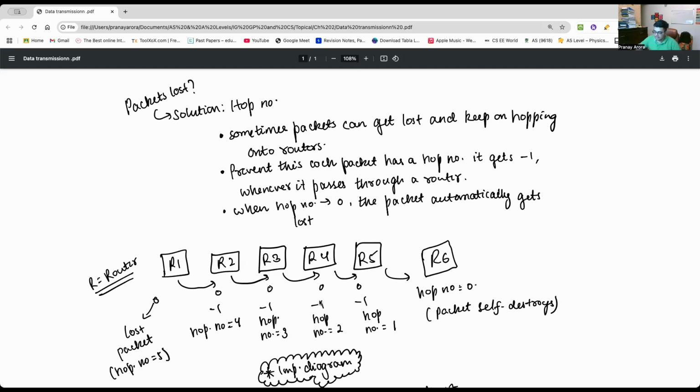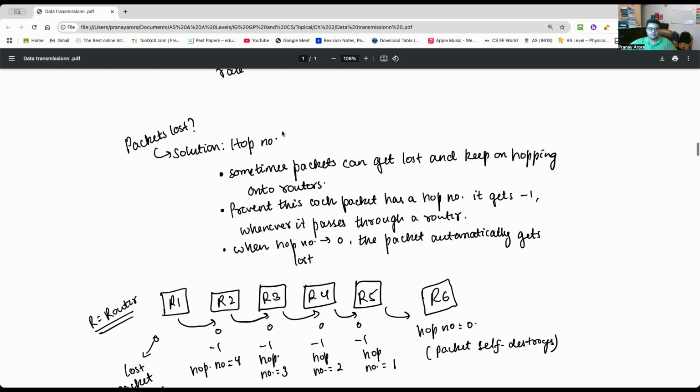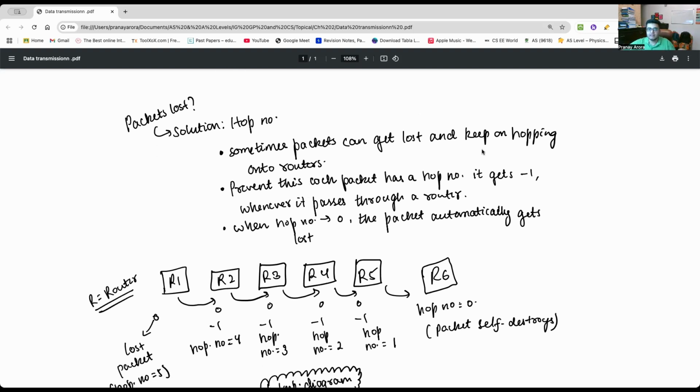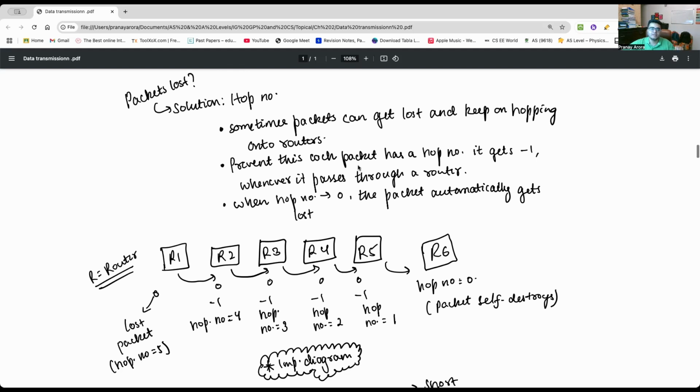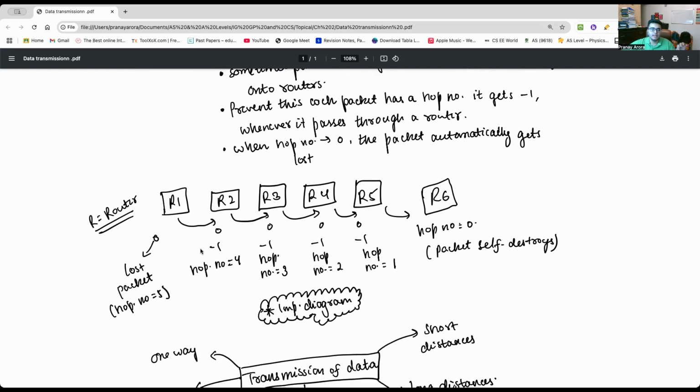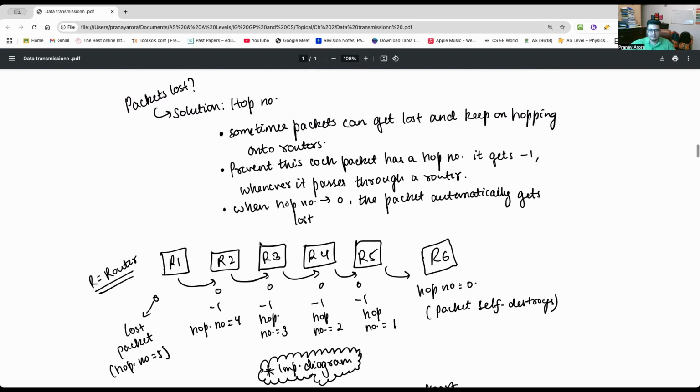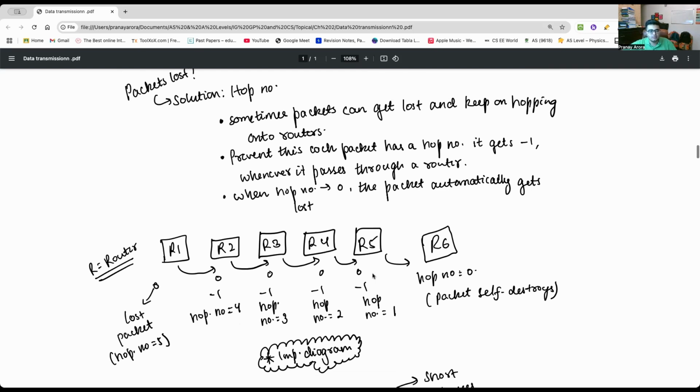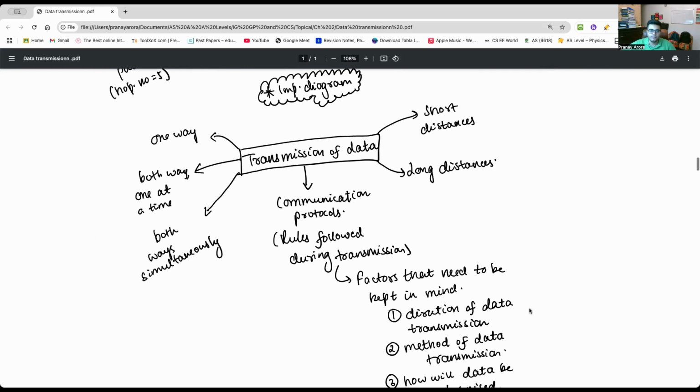Now, as you can see in this module, these are the routers, right? This is what we discussed in hop number. Sometimes packets get lost and they can keep hopping on routers. So to prevent this, we create a hop number. As soon as the packet reaches a router, its hop number is subtracted, right? Suppose it only had to travel through 5 routers, and it travels more. Its hop number will get to 0 at the end, and then the packet is self-destroyed.